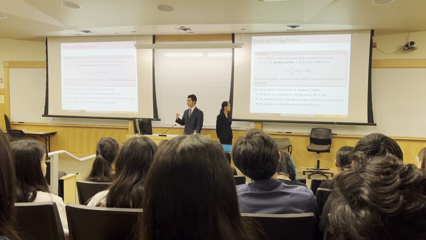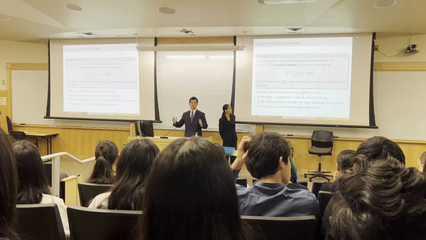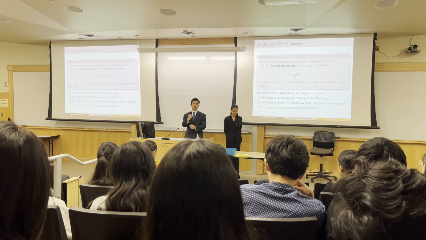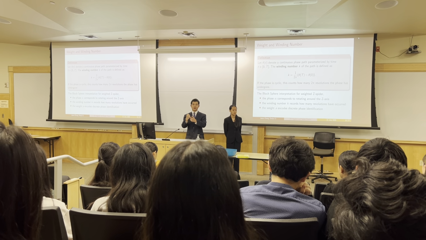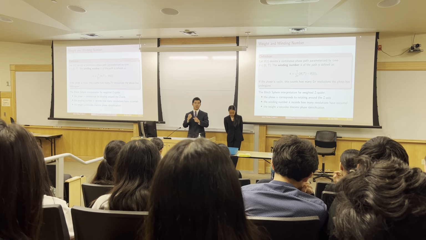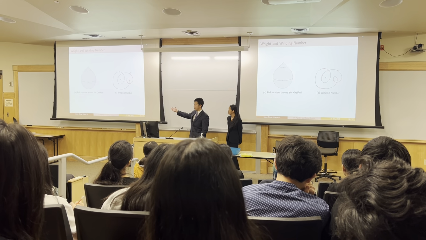Then we have a weight a, which encodes the discrete phase identification, which is basically how we mod our phases. Compared to before in the normal sphere, a full rotation is mod 2 pi, but with the new weight, it's mod 2 pi divided by our weight a.